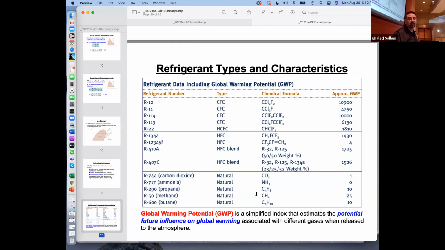So the question is, even if we keep them safe, is there any other downside, like a bad thing about them? Well, they require high pressure too, propane, so they probably will be expensive to handle.